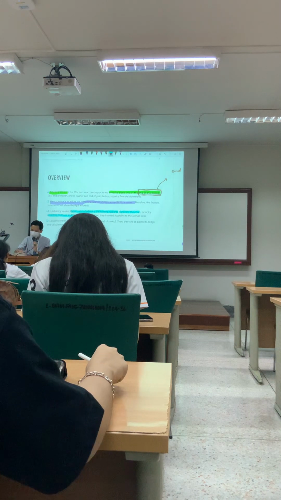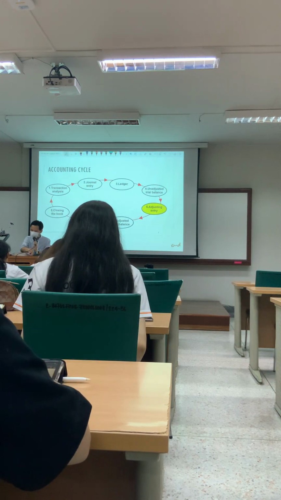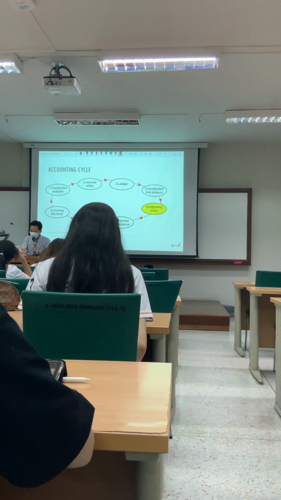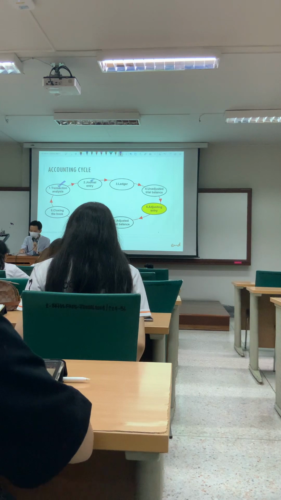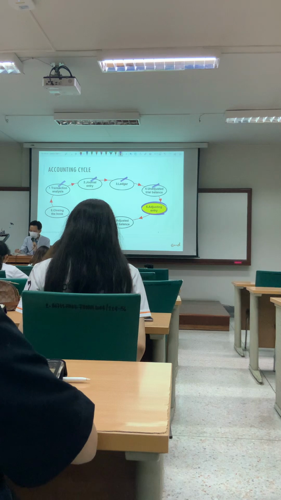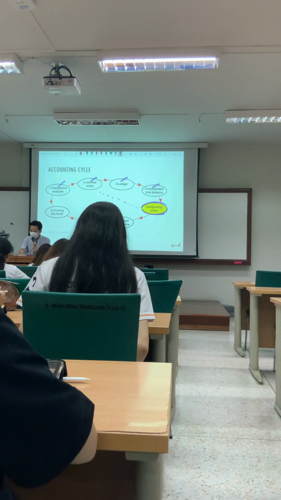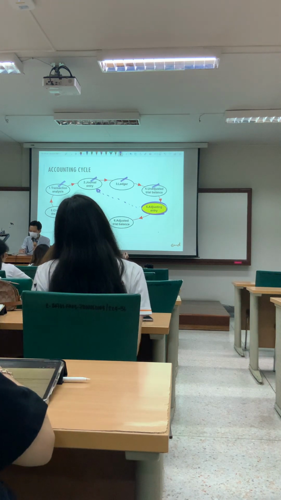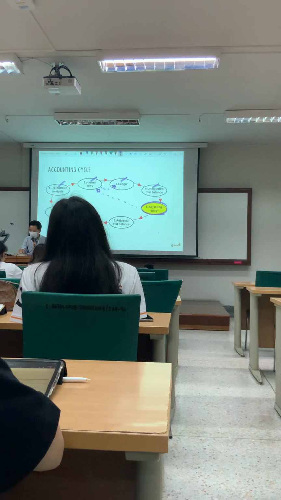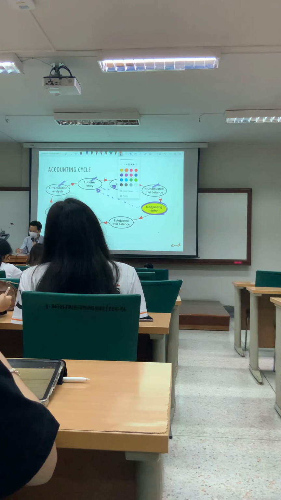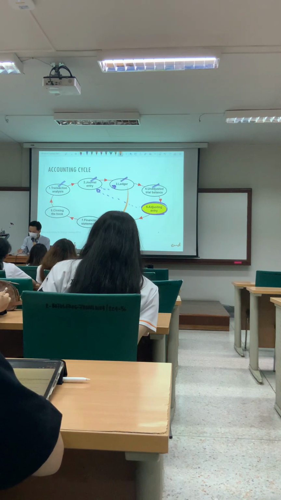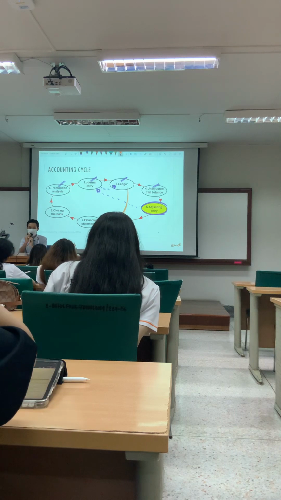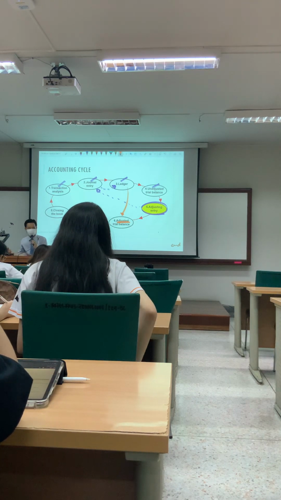What do I mean by this? I would say that you can see here. When you do the accounting cycle, first step, second, third, fourth, when you do adjusting entry, you are going to record onto the journal, and then you repeat here again, posting to ledgers. Once you post to ledgers, you can go directly to the adjusted trial balance because you already adjusted.